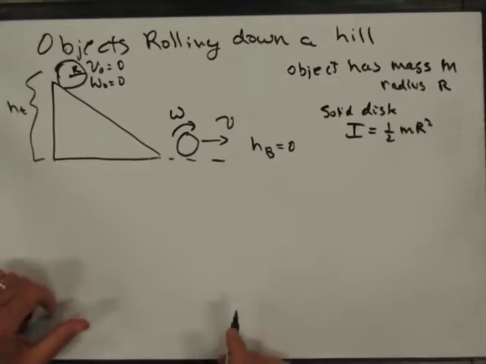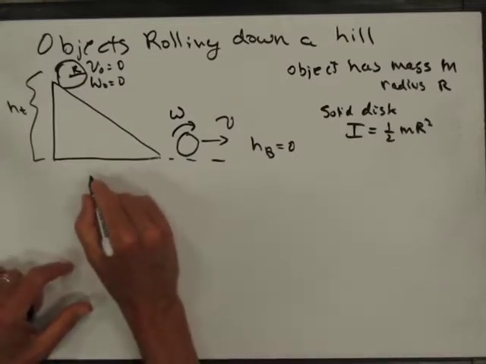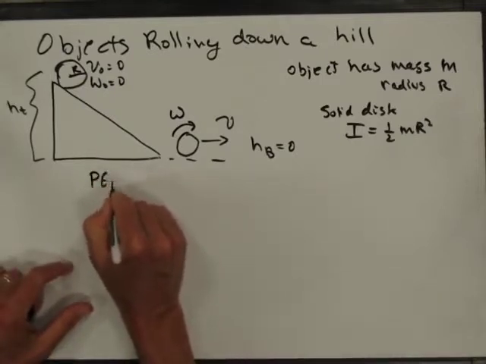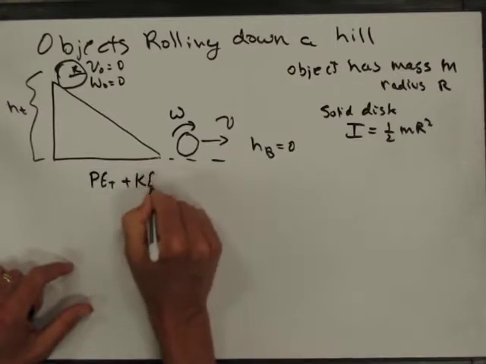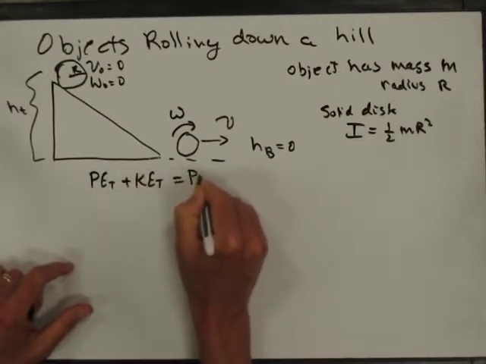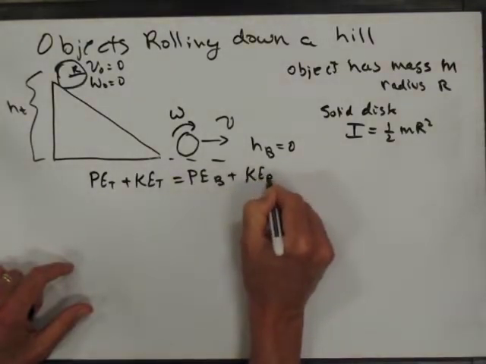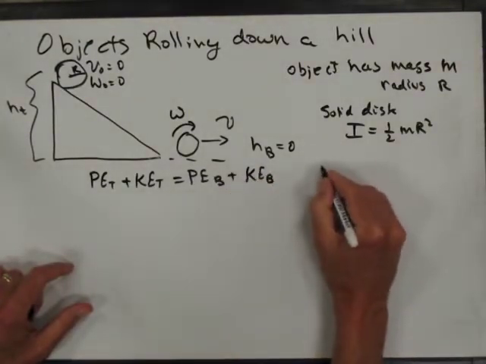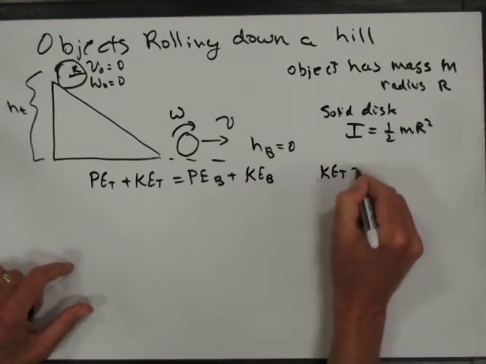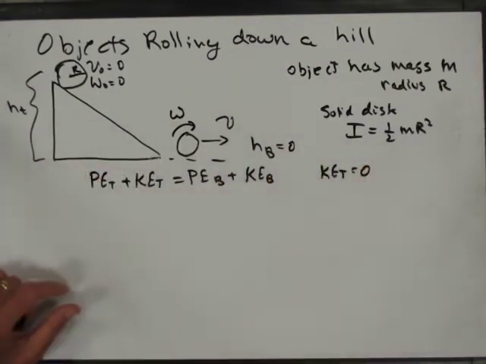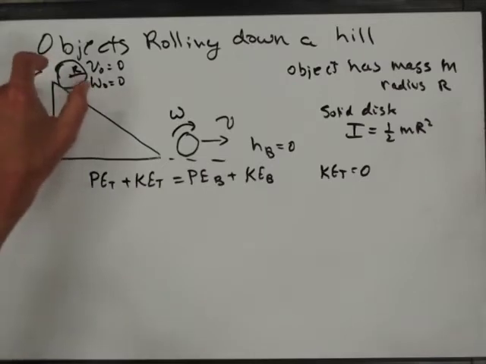Okay, and so we're going to do the same thing we did before. We're going to say the potential energy at the top plus the kinetic energy at the top equals the potential energy at the bottom plus the kinetic energy at the bottom. The kinetic energy at the top equals 0 because it's stationary at the top.